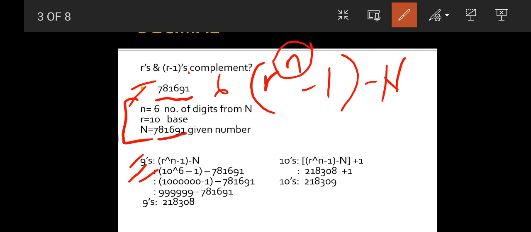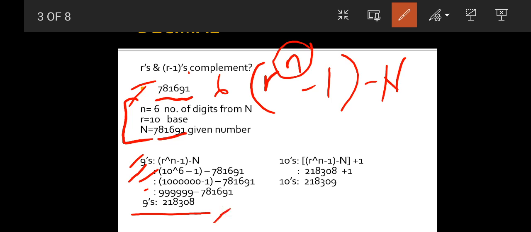The equivalent of 10 raised to the power of 6 is 1 million. Minus 1 minus 781691. So the result is 999,999 minus 781691. So your 9's complement is 218,308. Kindly check if we have the same answer.